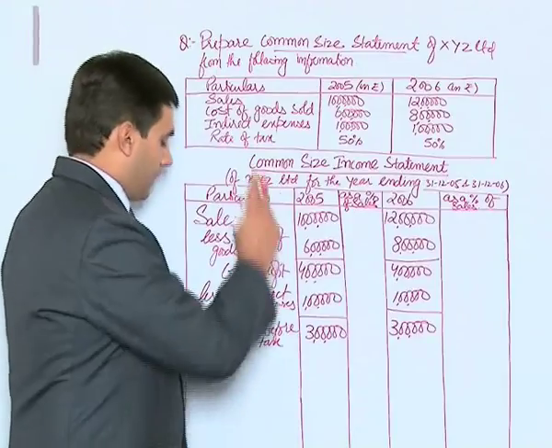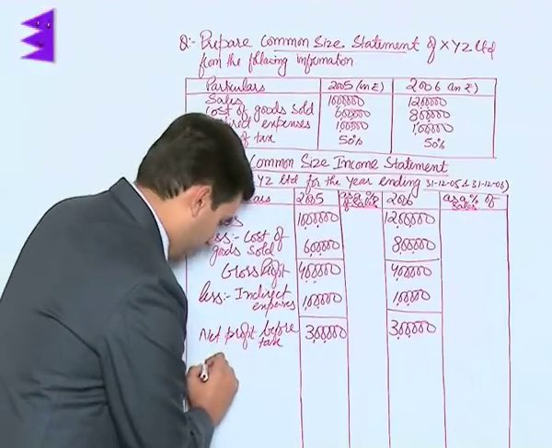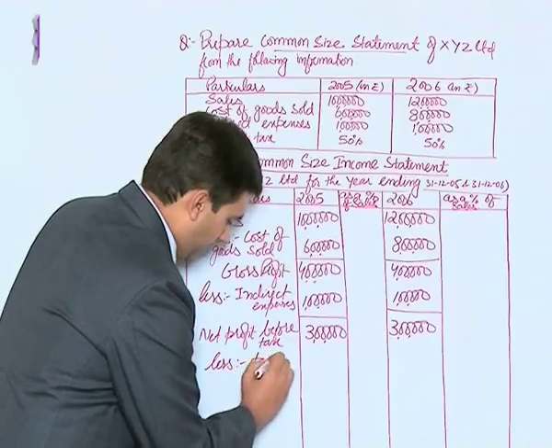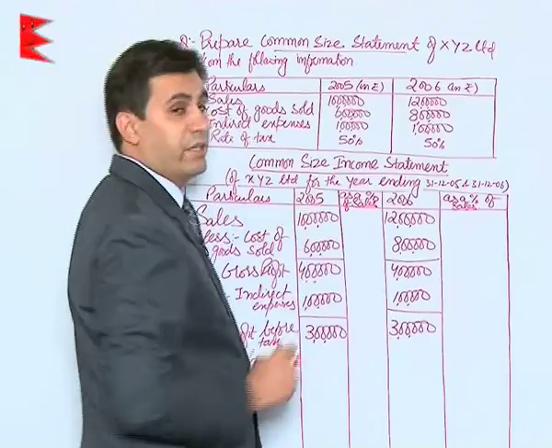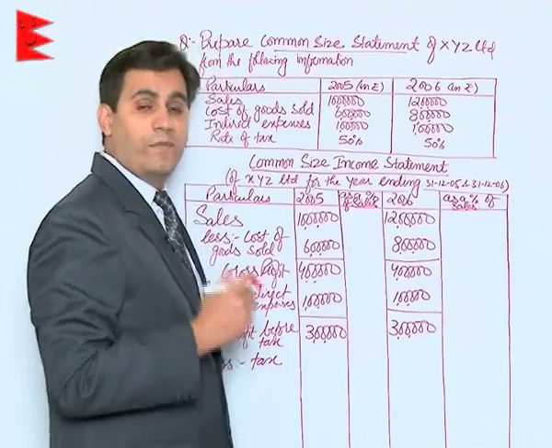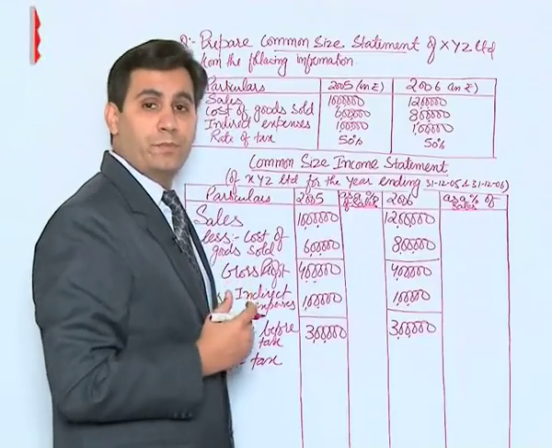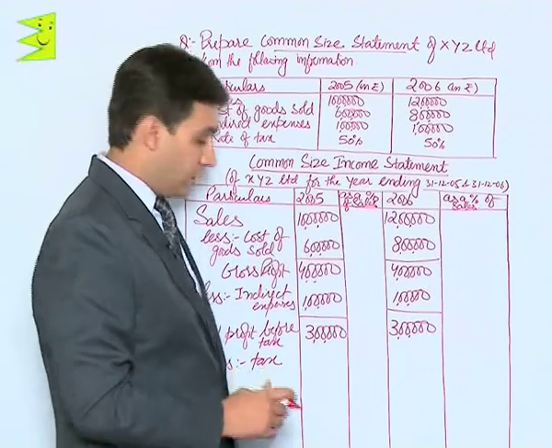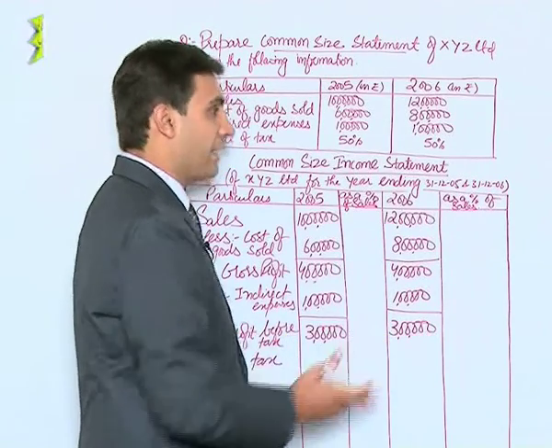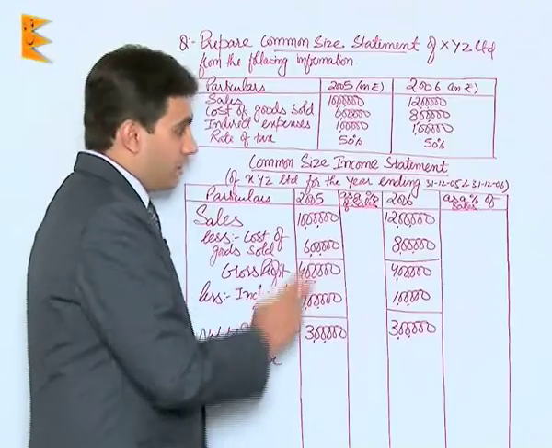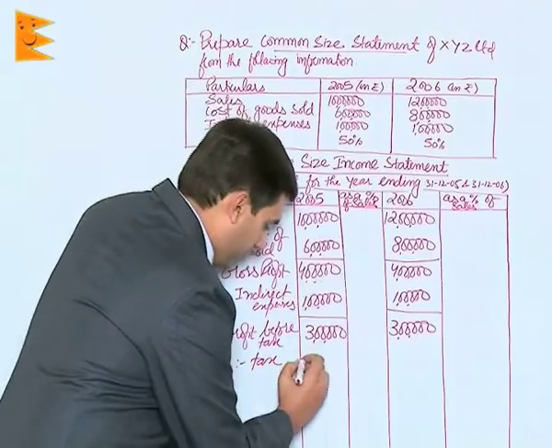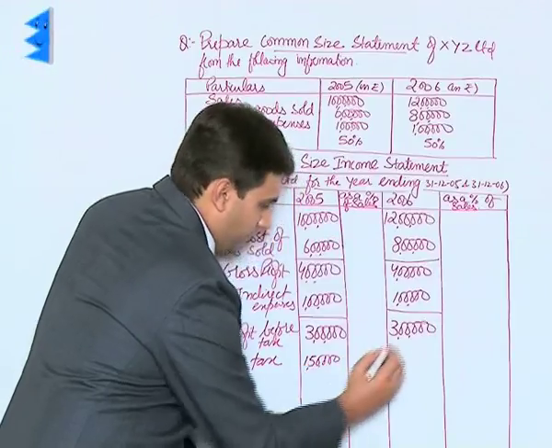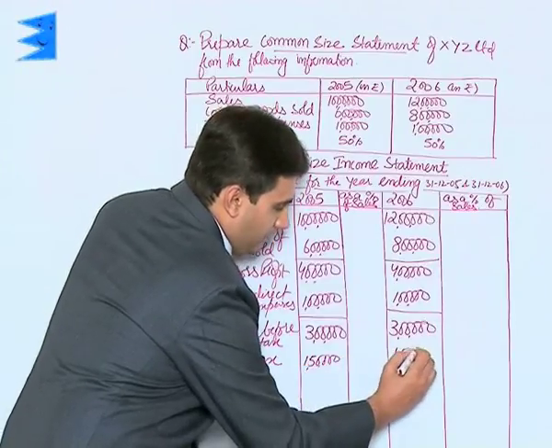Now students, out of this net profit before tax, we will deduct tax or income tax, which is 50%. Obviously, the tax that we have to pay would be calculated on the profit before tax. So profit before tax is 3 lakh in both the cases. So that would be 50% of 3 lakh, which is 1,50,000 and 1,50,000.